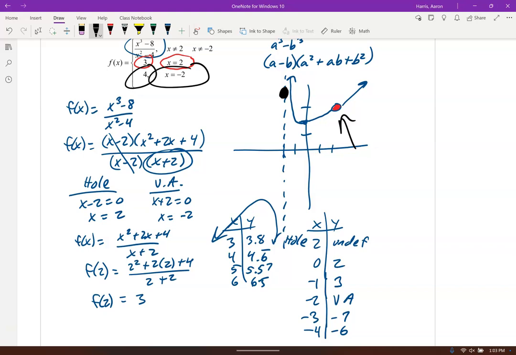Can I still draw without lifting my pencil? No, impossible. So still not continuous. So it's continuous everywhere except at that dang vertical asymptote still. Negative 2, right? This is where it's continuous.